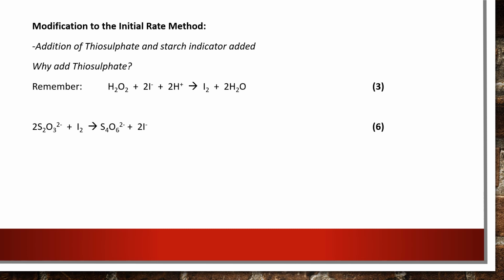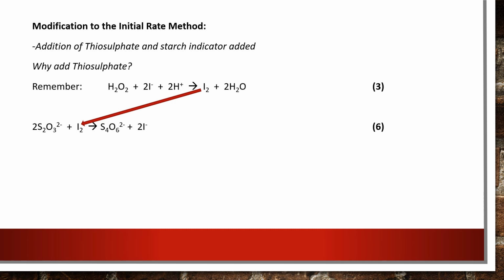Thiosulfate reacts rapidly with iodine, one of the products in this experiment, so that as soon as iodine is produced, it will be consumed in a side reaction with thiosulfate to reform iodide ions. This continues until all the thiosulfate that was added is consumed.